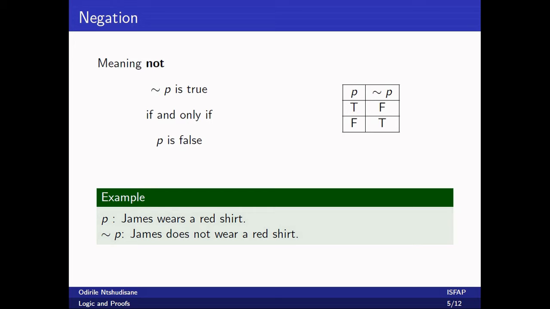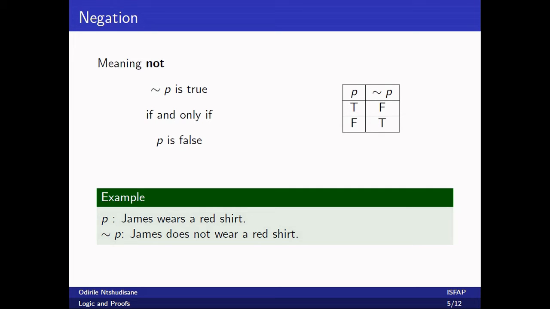The first of these connectives is the negation connective, meaning not, written not P. Now not P is true, or has truth value T, if and only if P, the statement variable, has truth value false.